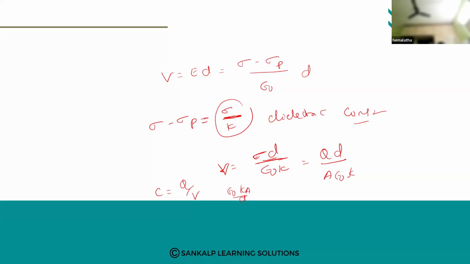The product epsilon naught into K is known as the permittivity of the medium, denoted by epsilon.